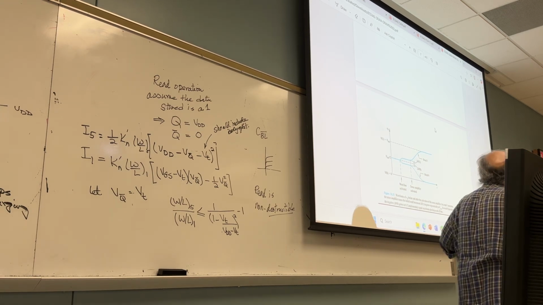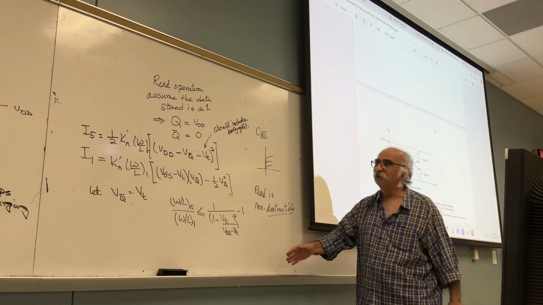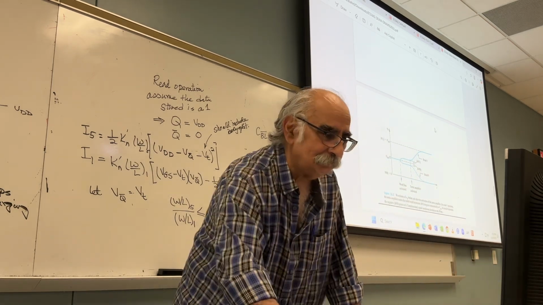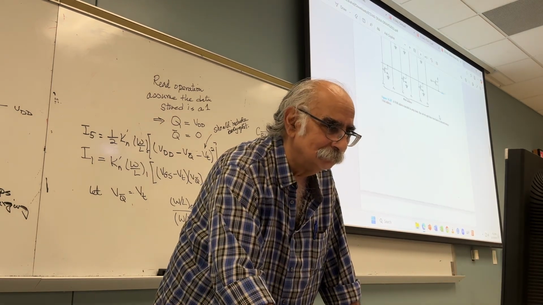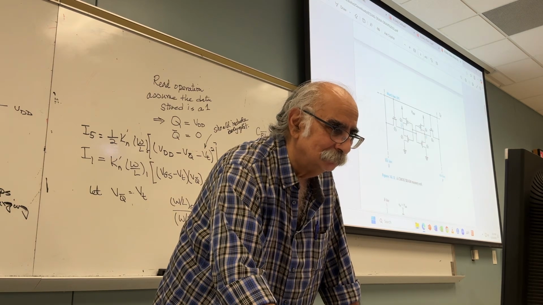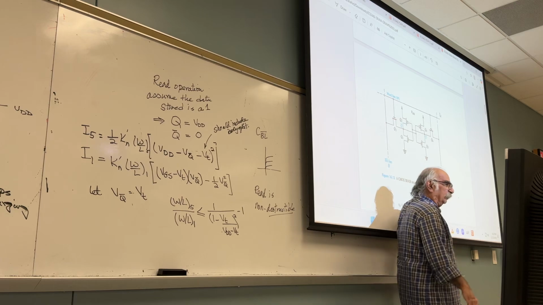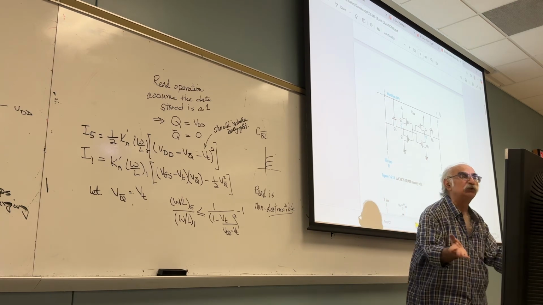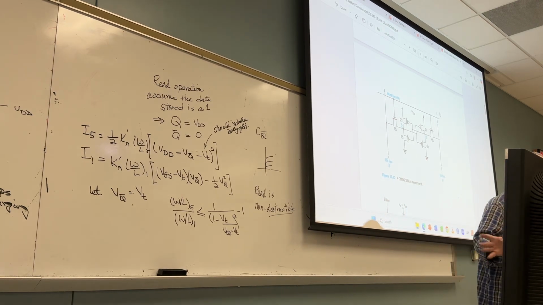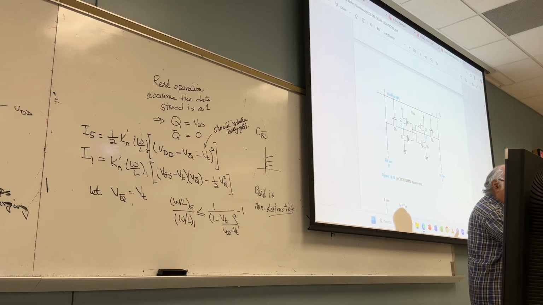So in our case, what did we say? We said that this one is pre-charged to VDD. Is it going to change when reading, on this side? No, it's not going to change. Why?